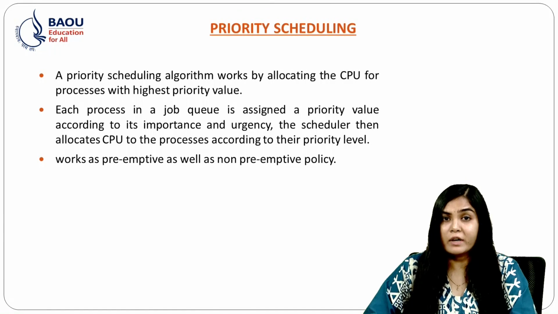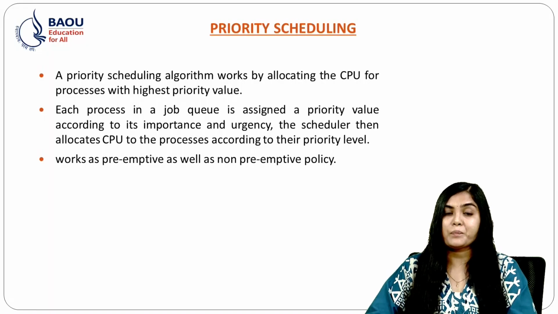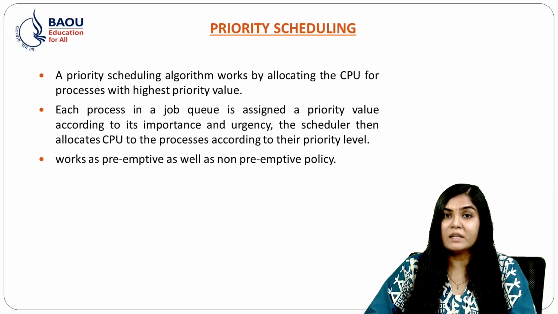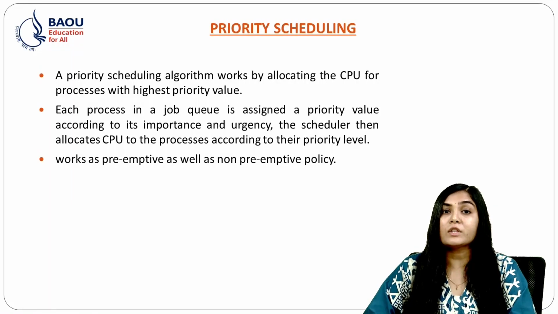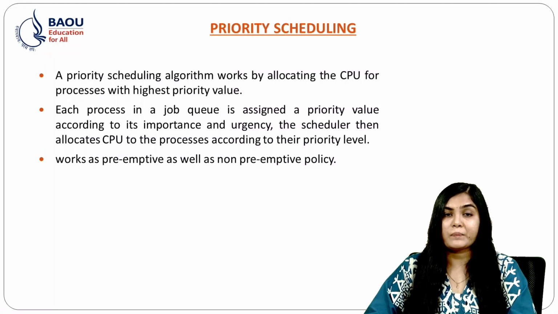Priority scheduling works as both preemptive and non-preemptive policies. The priority of a newly arriving process in the ready queue is compared with that of the currently running process. A preemptive priority scheduling algorithm will preempt the CPU if the priority of the newly arrived process is higher than that of the currently running process.